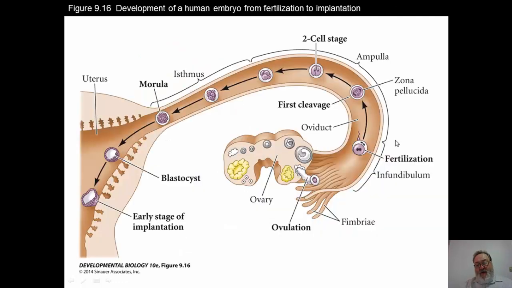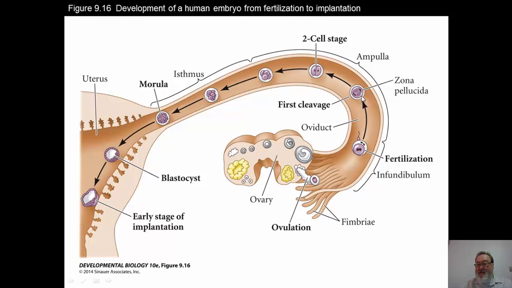If we talk about early mammalian development, this happens to be a uterine horn from a human. Here we have the ovary, and we have ovulation that can take place. Once the ovum matures, the fimbria of the uterine tube picks up the ova, and in this infundibular area, this very high up area of that fallopian tube, you can see that fertilization takes place.